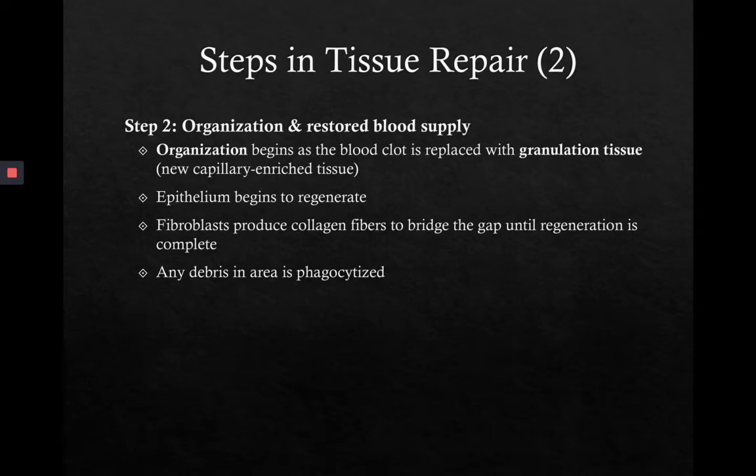In connective tissues, fibroblasts would produce collagen fibers to help regenerate or kind of bridge the gap between damaged tissue and healthy tissue. And then neutrophils and macrophages in the area that have been able to get to the area because of the increased permeability in step 1 of blood vessels will not only be in that tissue, but now start to phagocytose cell debris and any pathogens that may have gotten into a cut or injury.